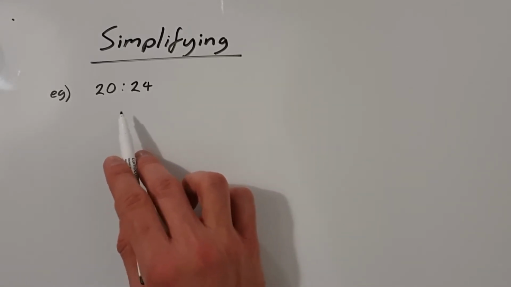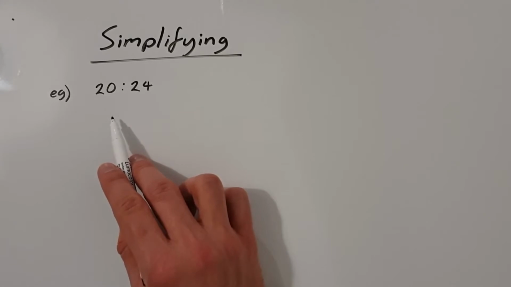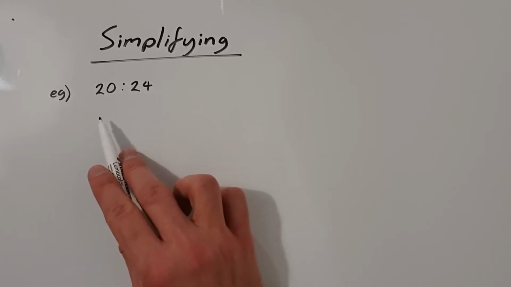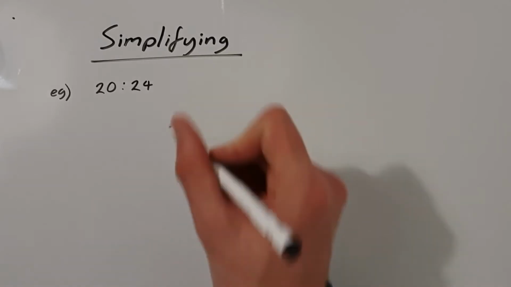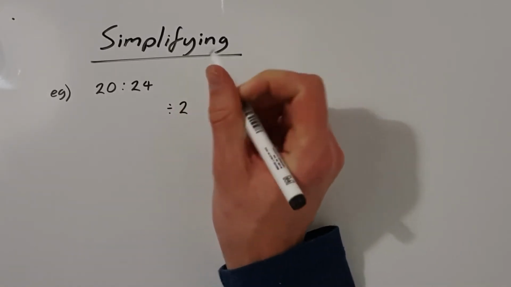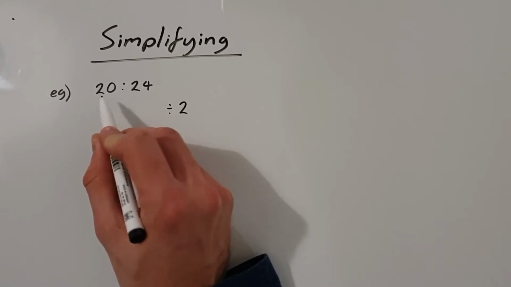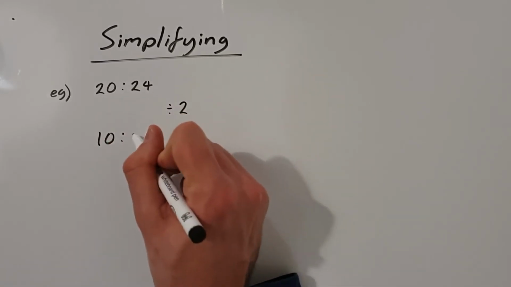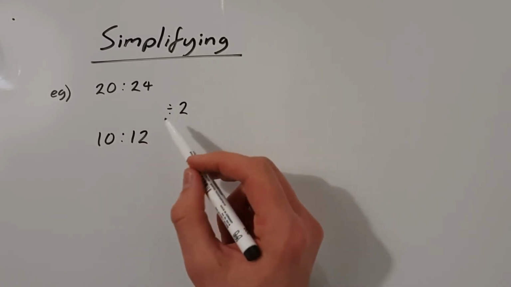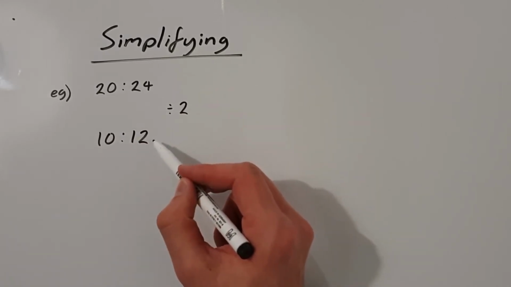What I talk about doing with fractions is to always look for the easy examples. We know that both of these numbers are even, which means that they can both be divided by 2. If we divide both these numbers by 2, 20 divided by 2 gives us 10, and 24 divided by 2 gives us 12, okay? And we've simplified this one step.